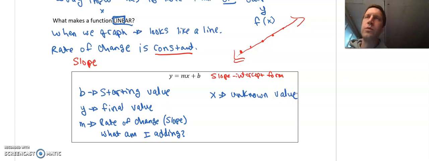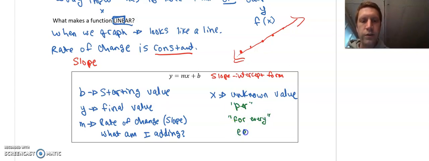And a lot of times you can tell what it is by looking for keywords like per, or for every, okay, or for each. All right, so a lot of these are keywords, and when you see that, that's a good way to tell that that's going to be your x value. That's going to be your other unknown value that you're defining.